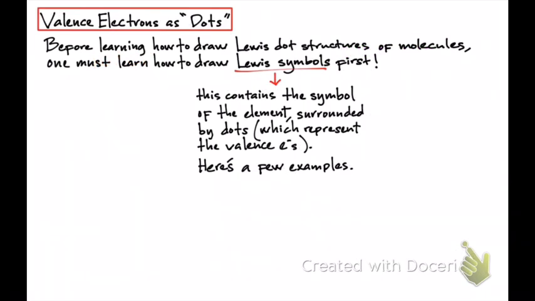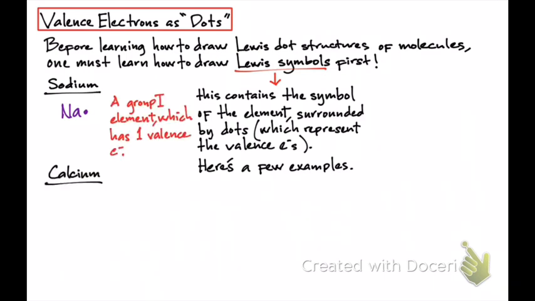In the beginning of this chapter, you learned about Lewis symbols. And Lewis symbols basically contain the symbol of the element, and that element is surrounded by dots. The dots represent the valence electrons. So, for example, sodium has the symbol Na, and then it has one single dot because it only contains one valence electron.